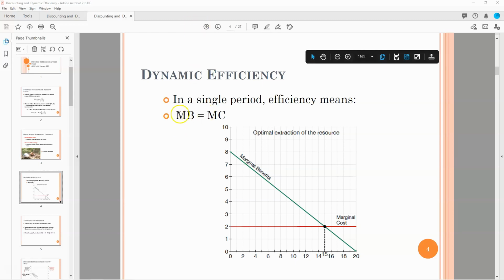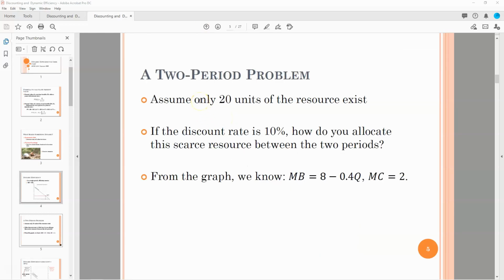So that is the condition for efficiency in a single period. However, suppose there are only 20 units of the resource, and the discount rate is 10%, and there are 2 periods. How would you allocate the scarce resource between the 2 periods?